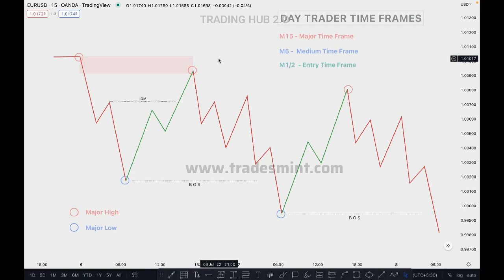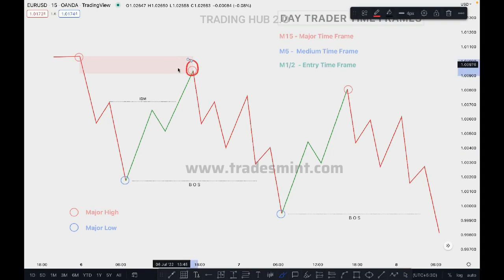Same thing is here, but this happens only on the higher time frame, not on the 1 minute. When the market taps on the supply zone, then you have to switch into the M1 time frame, which is here at this point. Correct. And you don't need to focus on the 5 minute at this point, and not the seconds time frame, but you have to follow this.